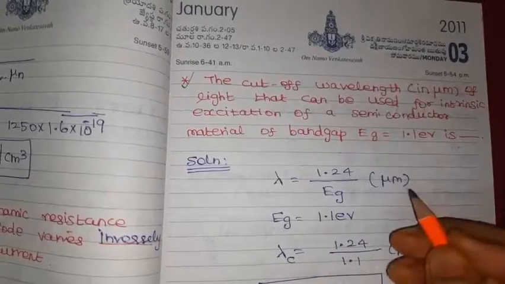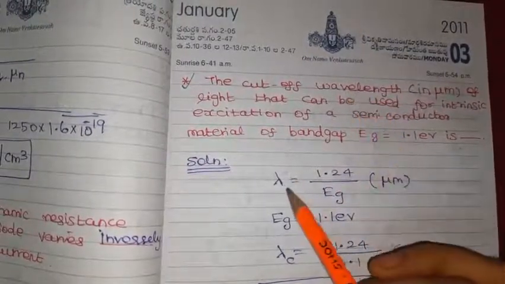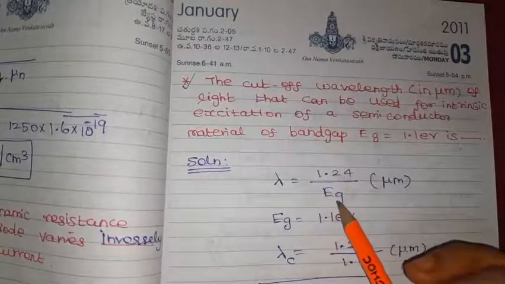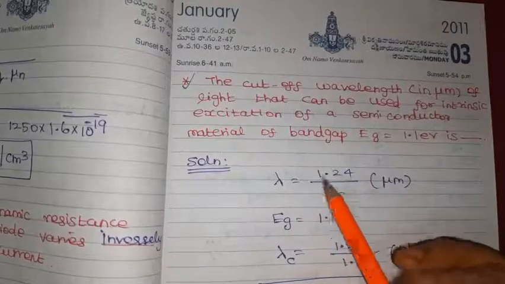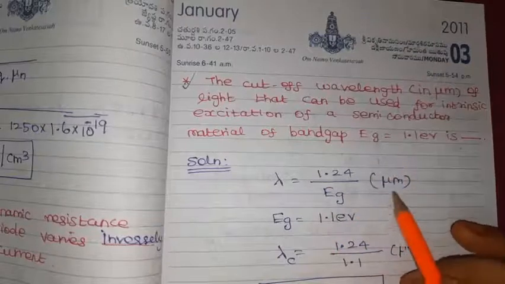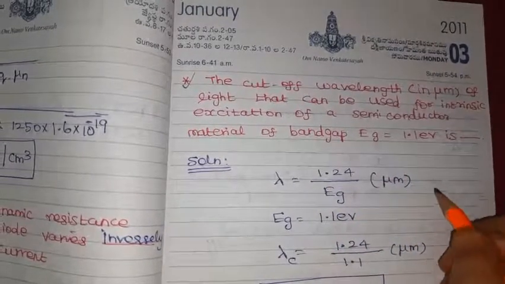What is the relationship between lambda c and the energy band gap Eg? This is a derivation: lambda is equal to 1.24 divided by Eg in micrometer unit. How does it come? Eg equal to h nu.